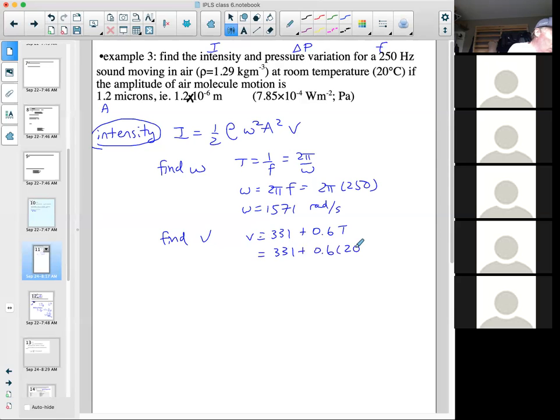Now that temperature is in degrees centigrade, and it was given as 20 C. So there we are. So we're now ready to substitute in. So we put in rho, the density of the air.